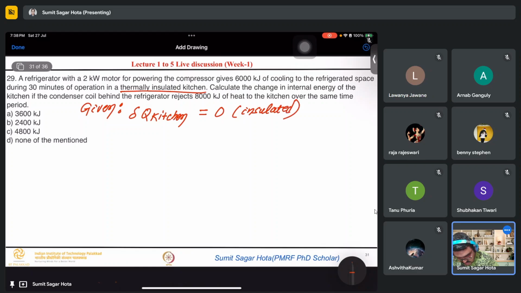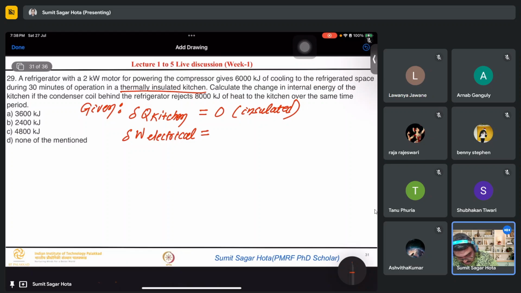Then we have to write down the work. What is the work here? Electrical work. It's written a refrigerator with a 2 kilowatt motor for powering the compressor.